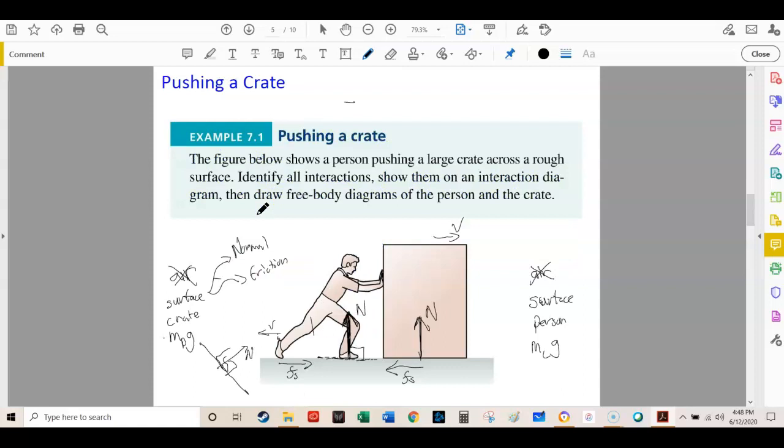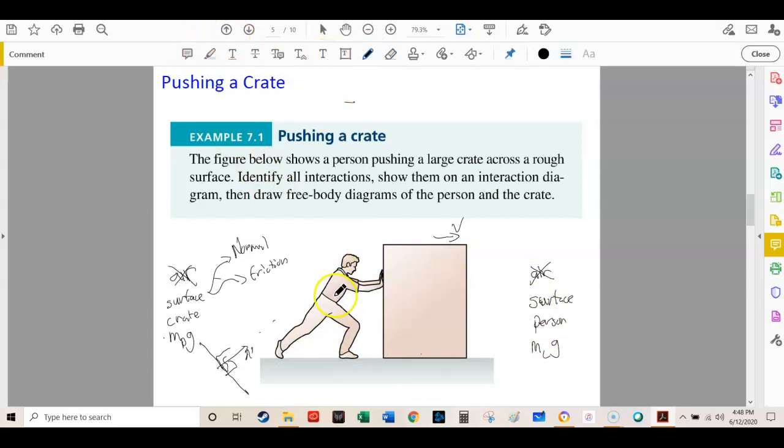So let's go back to this. To do a force diagram, what you have to do is you have to pick out the center of mass of an object, right? I'm going to erase all this. Okay, and since I have my forces listed, we'll just use this instead of that force interaction stuff.